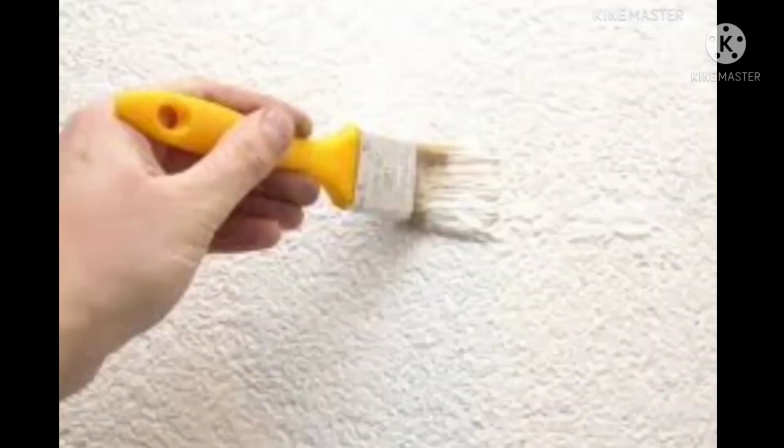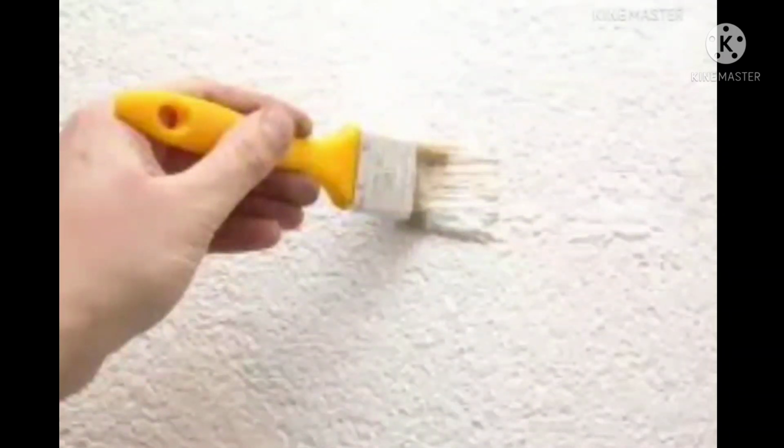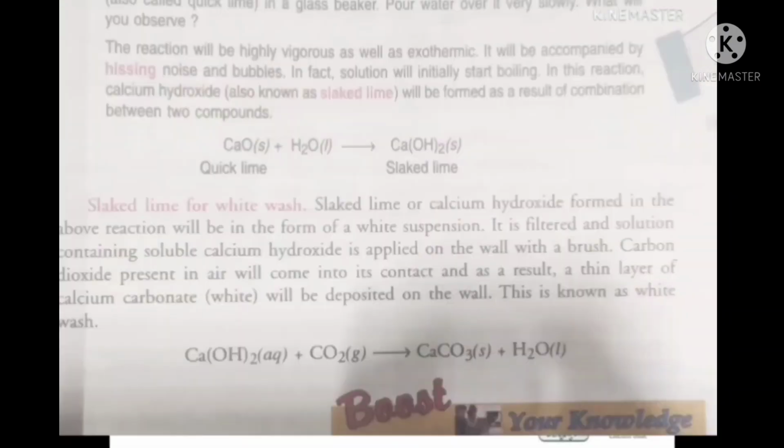The slaked lime formed in this reaction is used for whitewashing the walls. The slaked lime or calcium hydroxide formed in this reaction will be in the form of a white suspension.